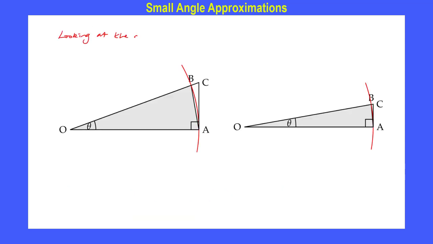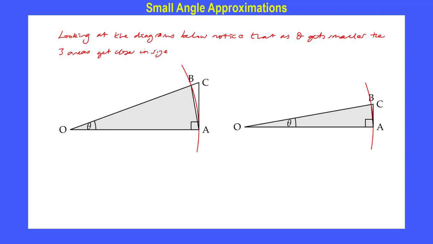Now look at these two diagrams. Look what happens as the angles get smaller. You can see that the three different areas that we just talked about will get closer and closer together.